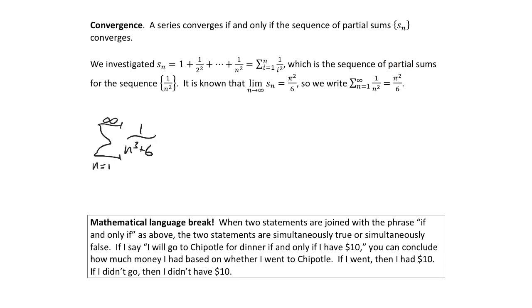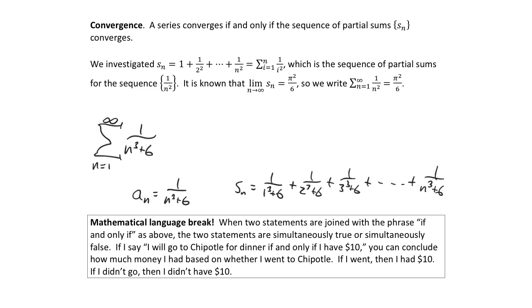Take, for example, this sum: the sum n equals 1 to infinity of 1 over n cubed plus 6. In this particular sum, the terms are 1 over n cubed plus 6. The sequence of partial sums, well, s sub n would be 1 over 1 cubed plus 6, plus 1 over 2 cubed plus 6, plus 1 over 3 cubed plus 6, and so on, plus 1 over n cubed plus 6, because we're looking at the nth partial sum.